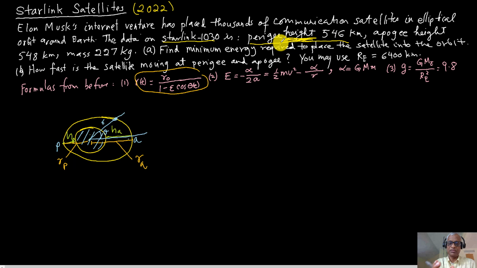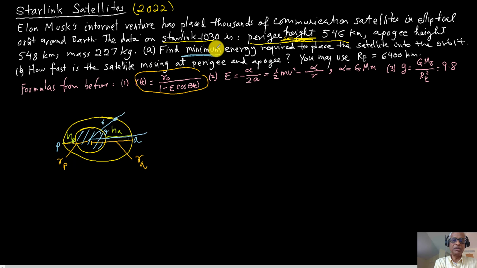So the orbit is almost circular, and we're supposed to find the minimum energy required to place this satellite in this orbit. What does the minimum mean? Minimum means when you shoot the satellite from Earth, a lot of energy goes into friction and overcoming the drag, and we're supposed to ignore that, and that's what gives you the minimum.